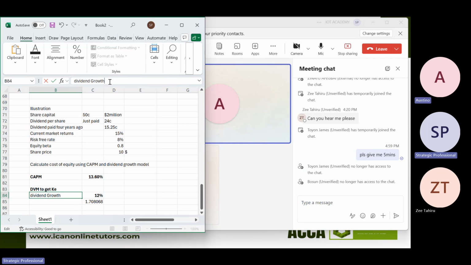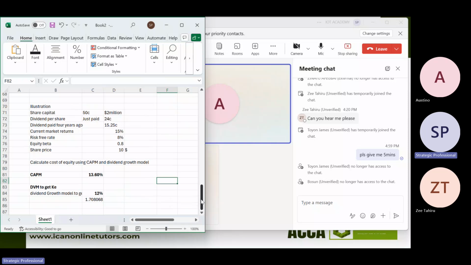You're using the dividend growth model to get the growth rate. They are two different things. Now, in this question, the way I framed it, we are to look for cost of equity using CAPM or DVM, right?